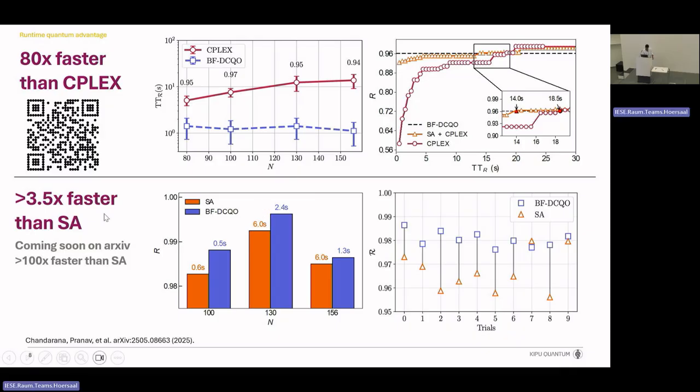We also compare the performance with simulated annealing, and the experiments were repeated many, many times on the quantum hardware. That's what we reported here, the trial versus the approximation ratio, and you can see that in almost all the cases except one, we see a clear advantage over simulated annealing.